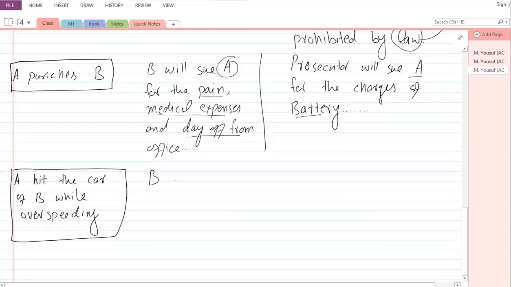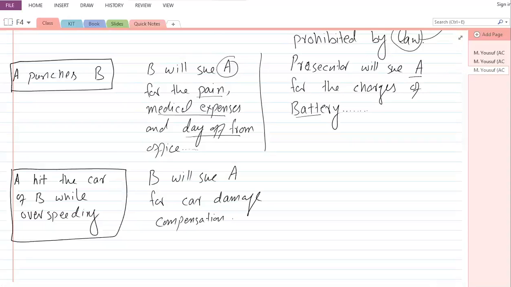Now here B will sue A for car damage compensation. So here A has to pay the price of a new bumper or new headlight. So this is how this dispute is going to settle.